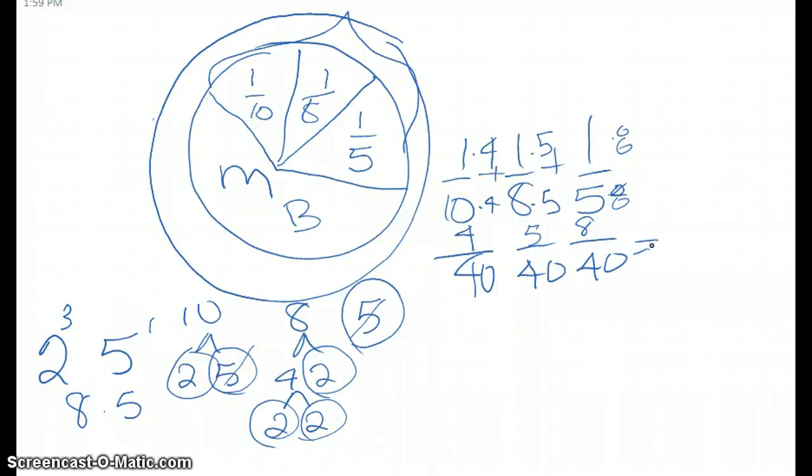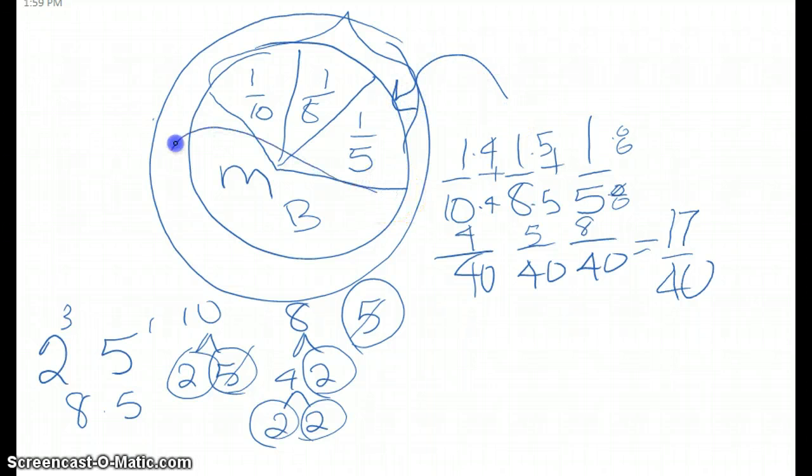And if I add this all together, I'm going to get that my total is going to be 15, 18, 17. 17 40ths. That gives me this amount. And what's left is what's in the municipal bonds, which is going to be 23 40ths.